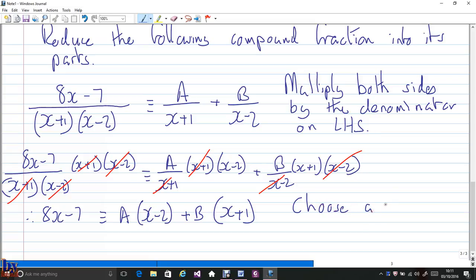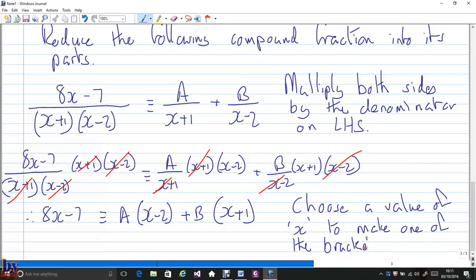Choose a value of x, and don't forget, x can be any value you like, because it is a variable, to make one of the brackets equal 0.